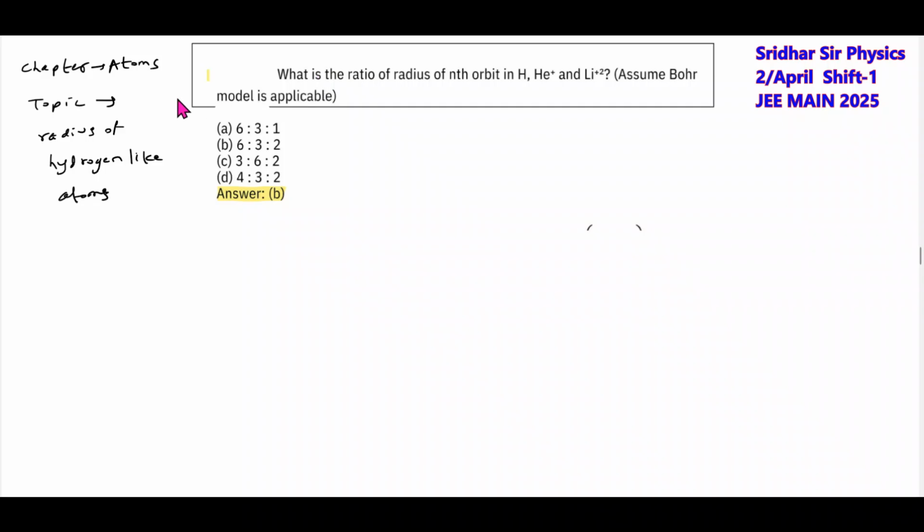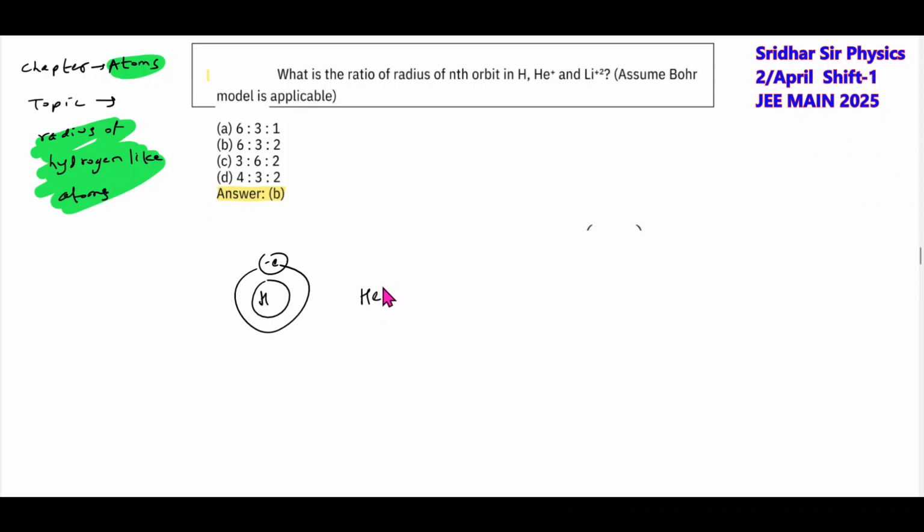We have the next question based on the atoms. The topic is radius of hydrogen-like atoms. If you see the hydrogen atom, it will have 1 electron. Then if you go for helium plus, it will have 1 electron.